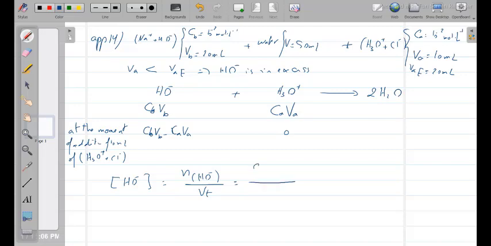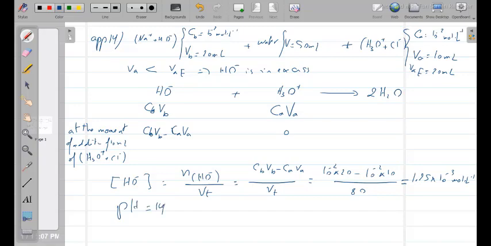So CbVb minus CaVa over V total, with Cb equal 10^-2, Vb equal 20, minus Ca 10^-2, Va 10, over V total 80, equal 1.25 times 10^-3 mole per liter. pH equals 14 plus log concentration of HO- equals 14 plus log 1.25 times 10^-3 equals 11.1.